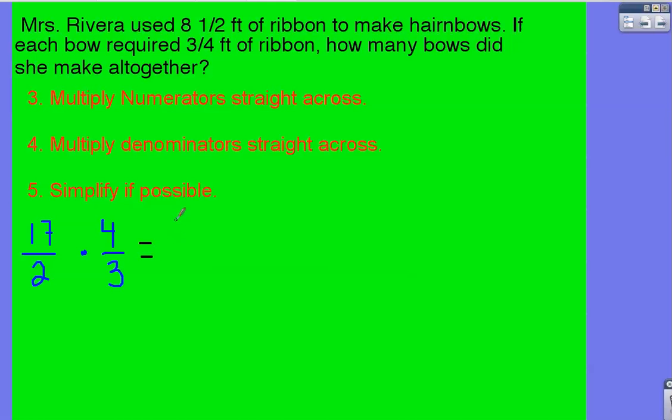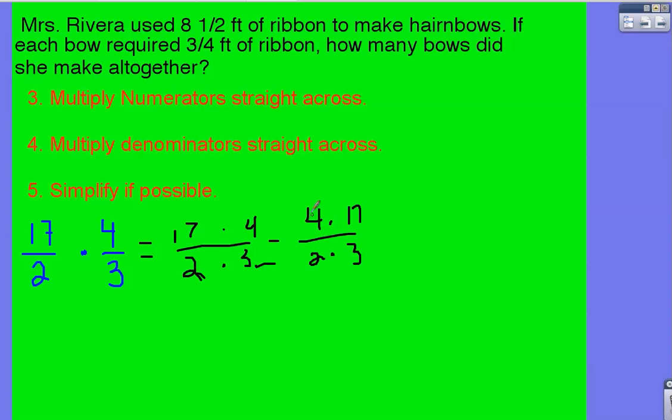Multiply our numerators straight across. 17 times 4 over 2 times 3. That's the same as 4 times 17 over 2 times 3.